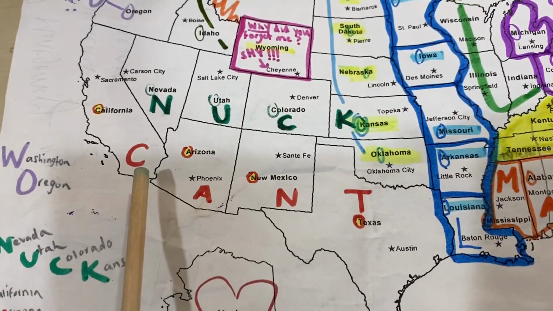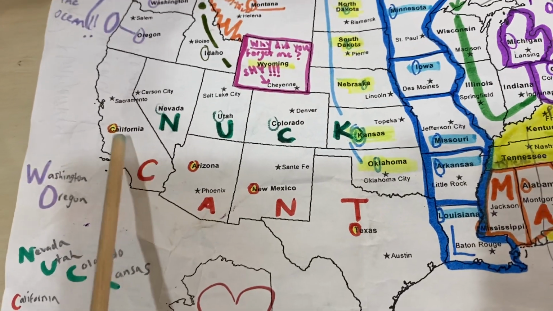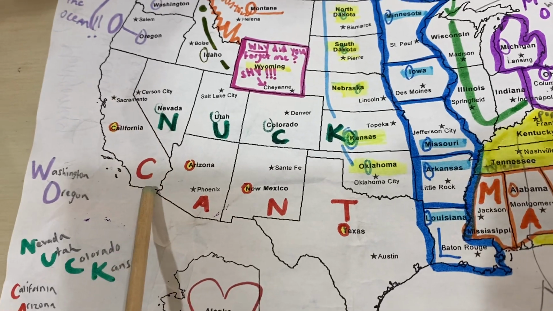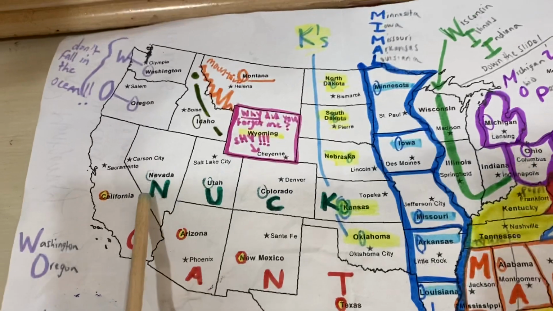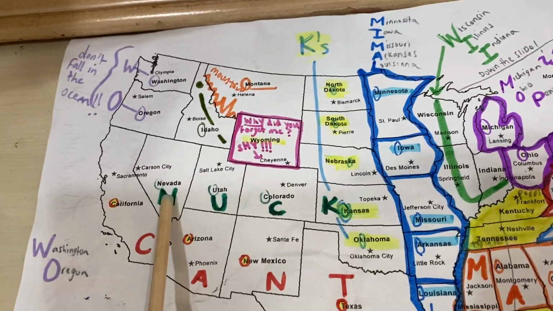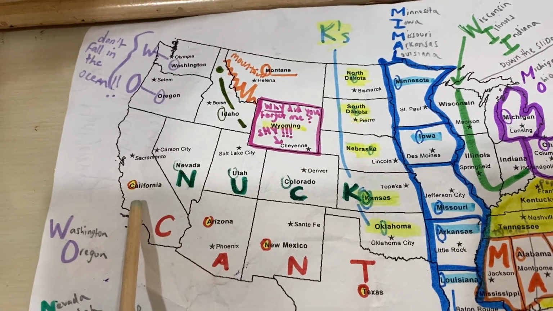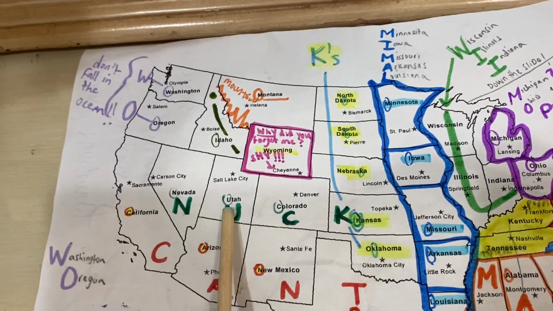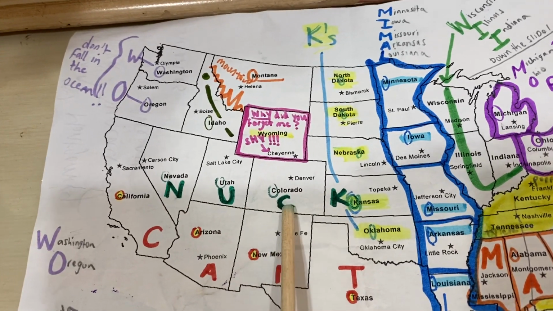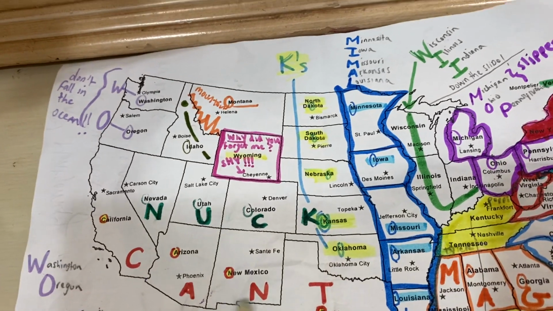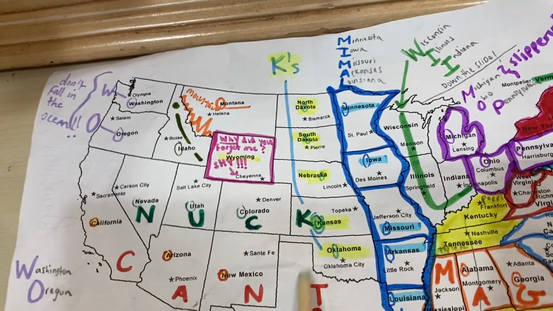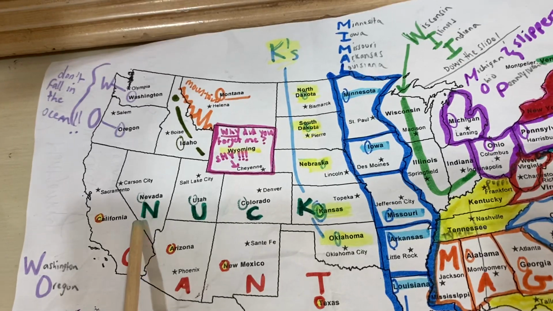So we have CANT, C for California, which is all the way here, Arizona, New Mexico, Texas, and NUCK, Nevada, which is right next to California, Utah, Colorado, and Kansas. So now you're going to have 8 of them on your test, and you'll do those 8 first.